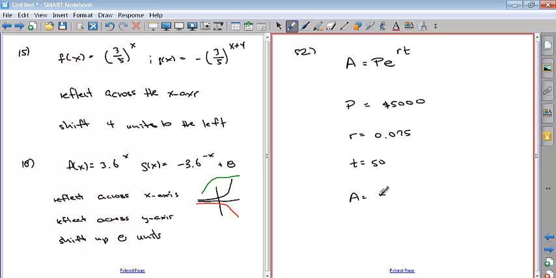So A is equal to 5,000 times e to the 0.075 times 50. So get the calculator out. 5,000 times e to the 0.075 times 50. And I get approximately $212,600.